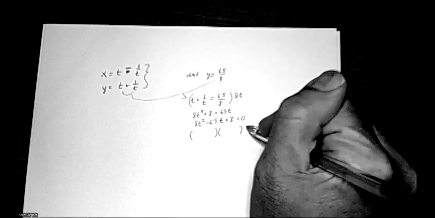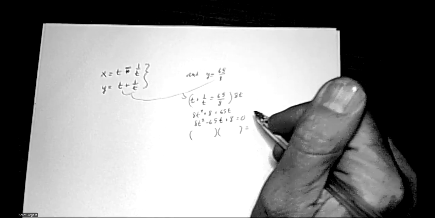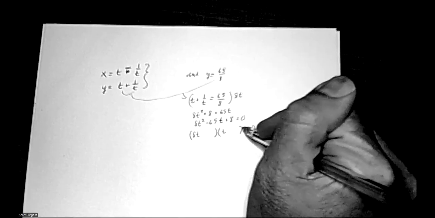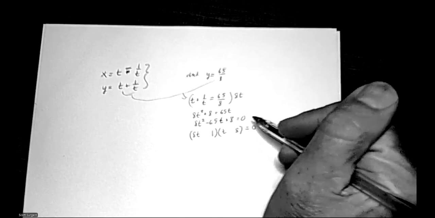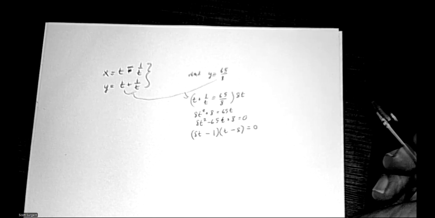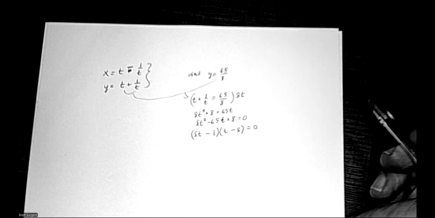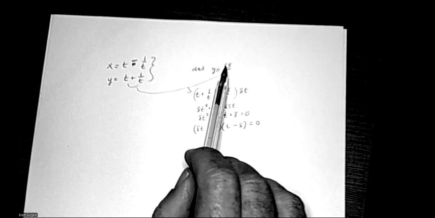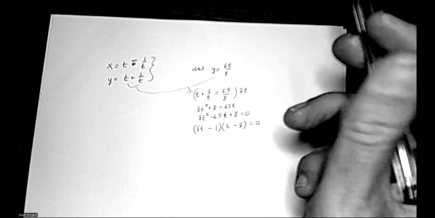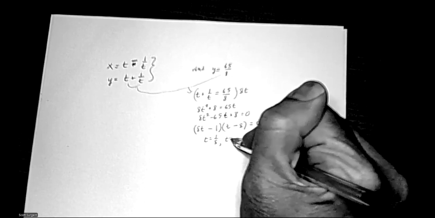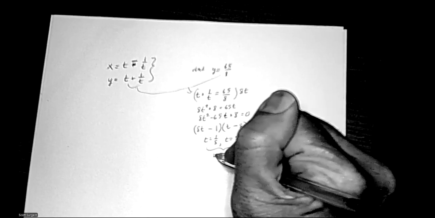If it didn't factor, or if you weren't sure, just put it in the quadratic formula and it'll give you the numbers. We have 8t and t, 8 and 1, and minus. That should do the trick. Oh, that worked out nicely. I suspected that 65 over 8 was chosen so that it would work out nicely. So we get t is 1/8 and t is 8. These are your bounds.